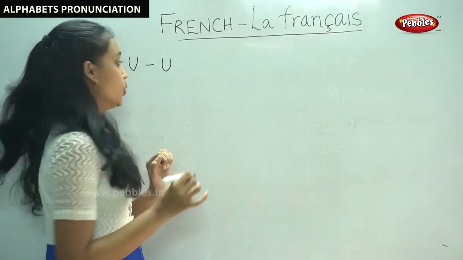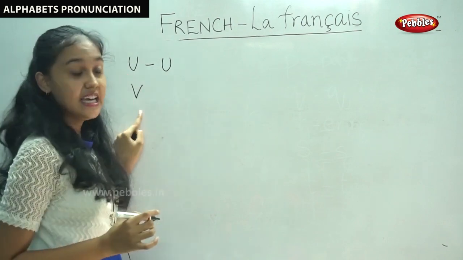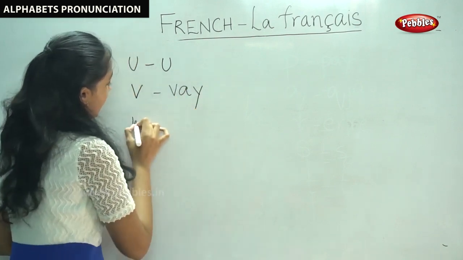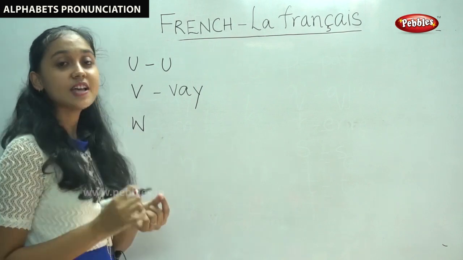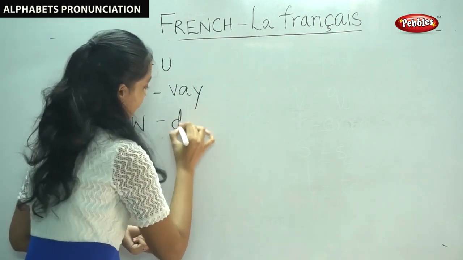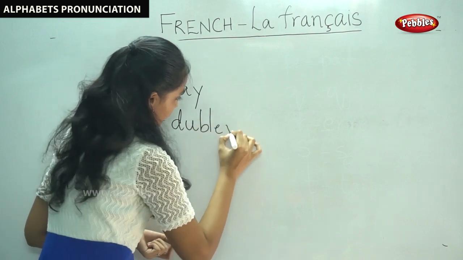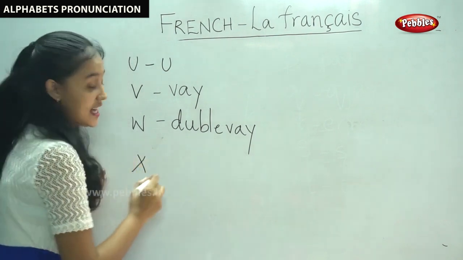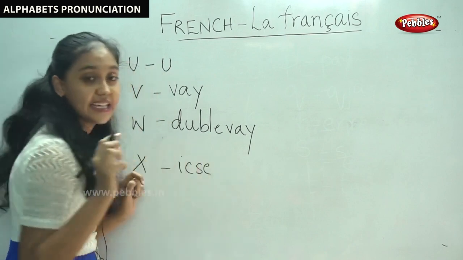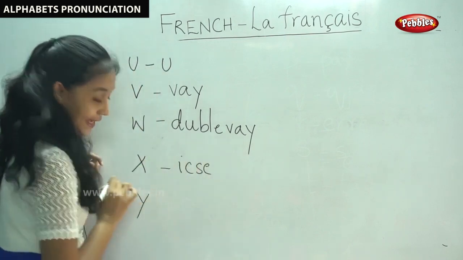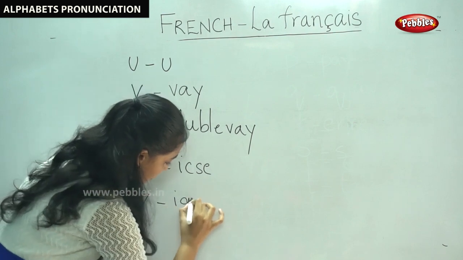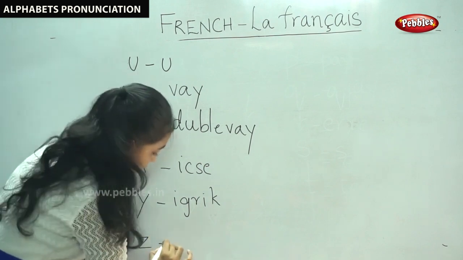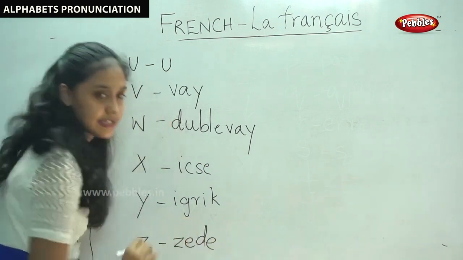It is pronounced as U. The letter V is pronounced as V. The letter W is pronounced as W. I repeat, W. X is pronounced as X. Y is pronounced as Y. And Z is pronounced as Z.